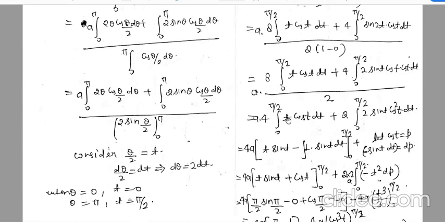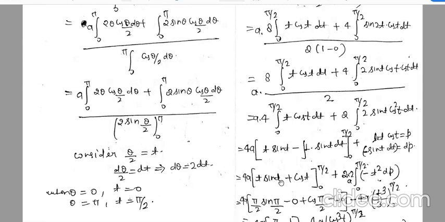That means first variable as it is, integration of second, so cos t integrates to sin t, minus differentiation of t, which is 1, times integration of cos t, which is sin t, and again integration. The limit is given 0 to pi by 2. Plus, in the second integral we are considering cos t is equal to p, so minus sin t dt is equal to dp.